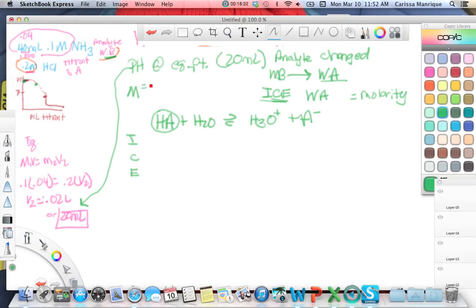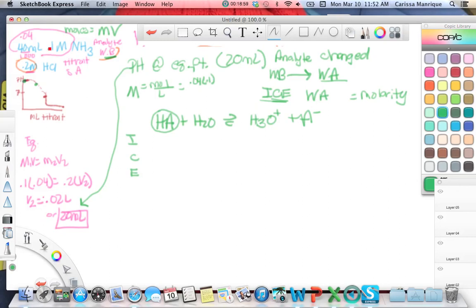Molarity equals moles per liter. Well, our moles aren't going to change. So our initial moles, we had 0.04 liters times 0.1 molar. I'm just defining initial moles, where moles equals molarity times volume. So my molarity initially was 0.1 and my volume initially was 0.04.